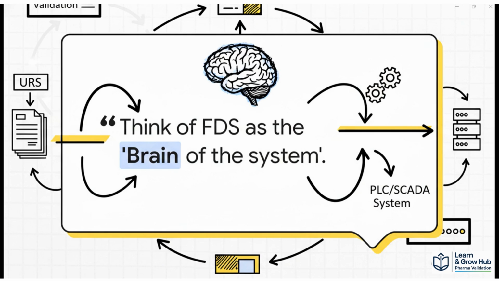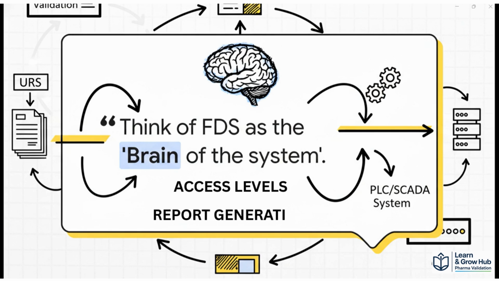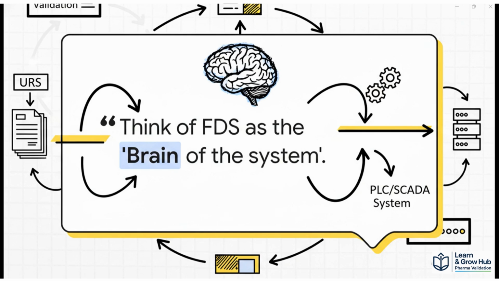It details which sensor goes to which PLC input and how the alarm logic functions. It also covers user access levels and how reports are generated. Auditors love the FDS because it links your requirements to the actual PLC and SCADA logic.